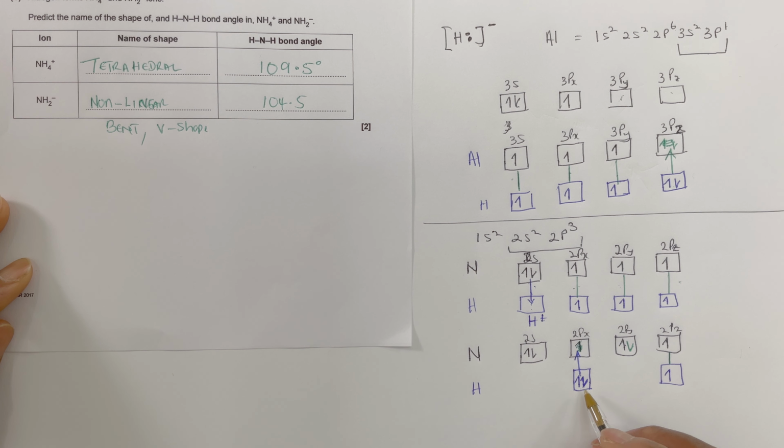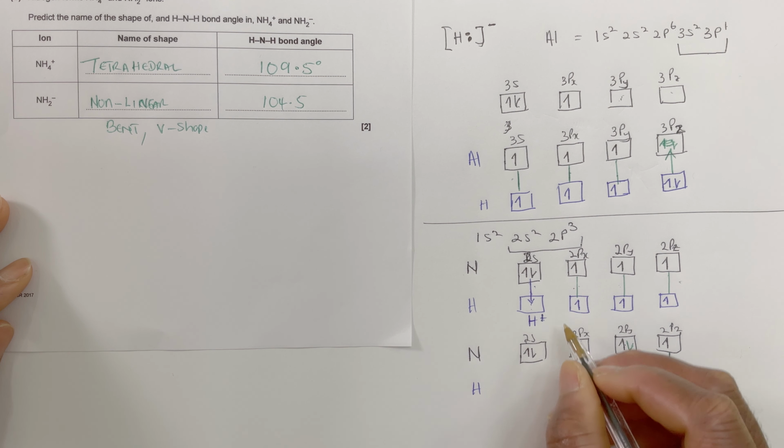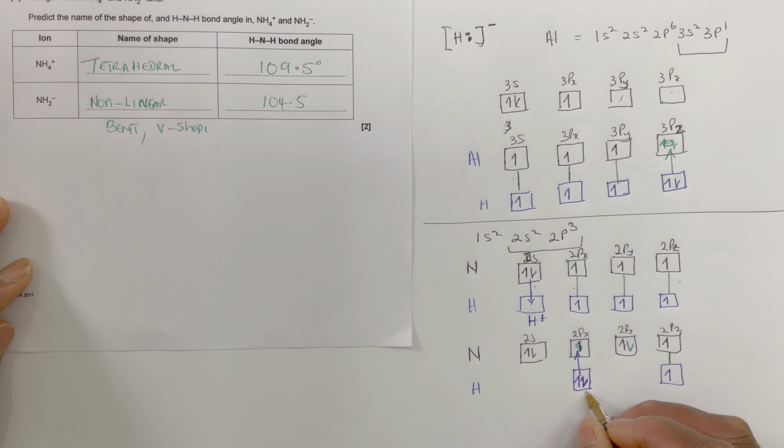And because this one comes with a minus, obviously, remember that came with a plus, the plus transferred to there. This one comes with a minus because H minus, right? So that minus is transferred to there. So you've got 2 lone pairs, just like water.